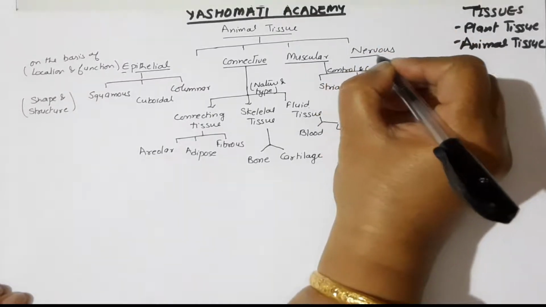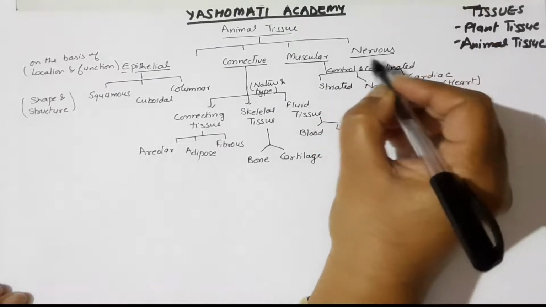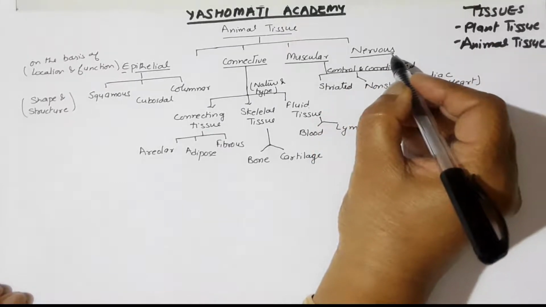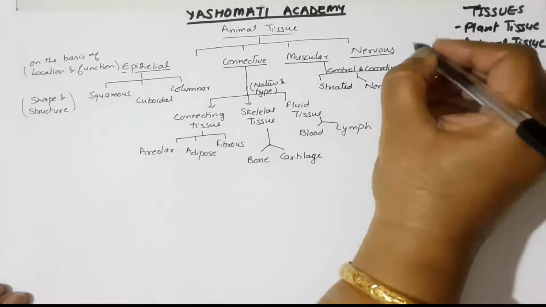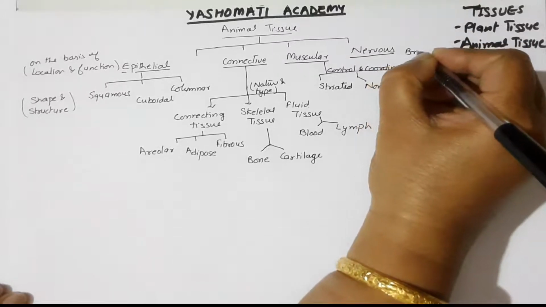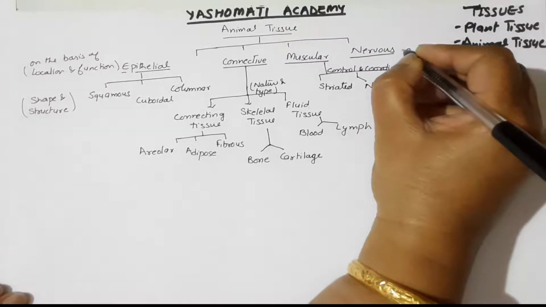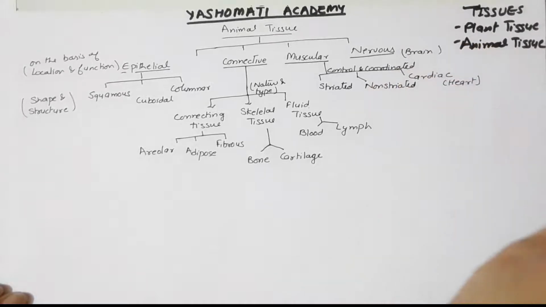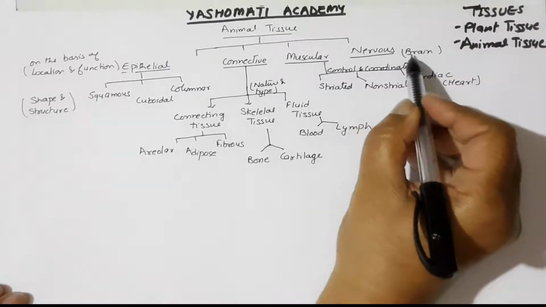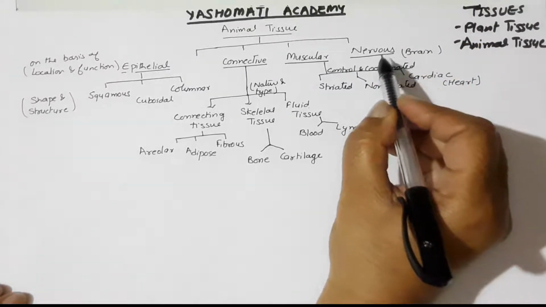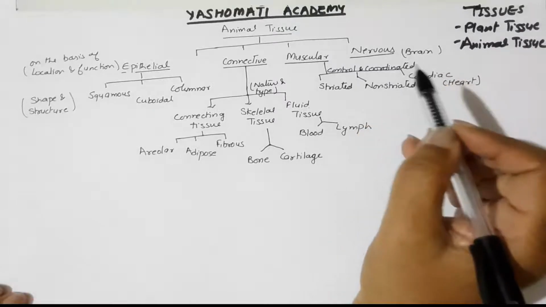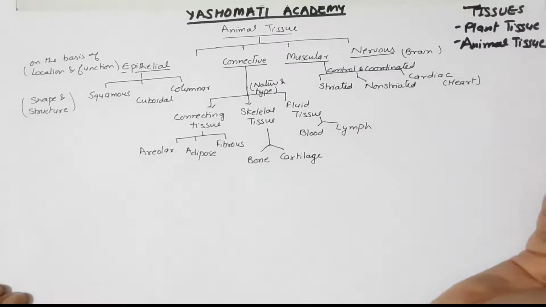And the last type of tissue, on the basis of location and function, is nervous tissue. Nervous tissue is related to the brain and spinal cord. These tissues help in understanding stimuli and forming and transmitting responses.